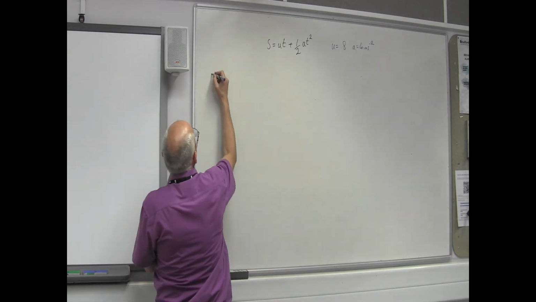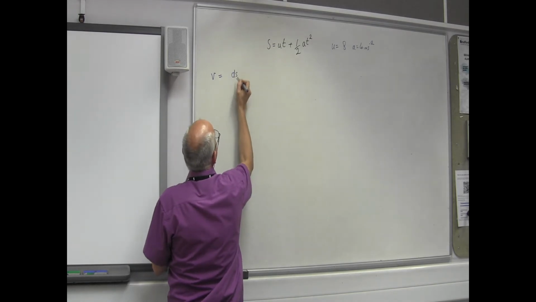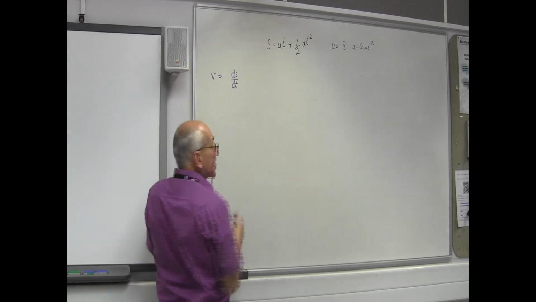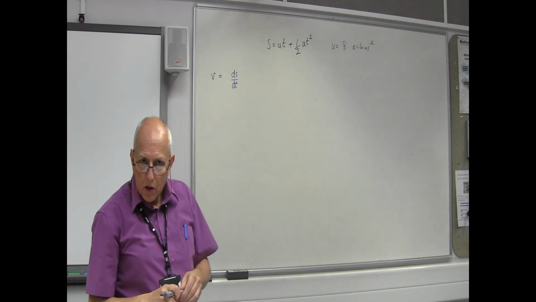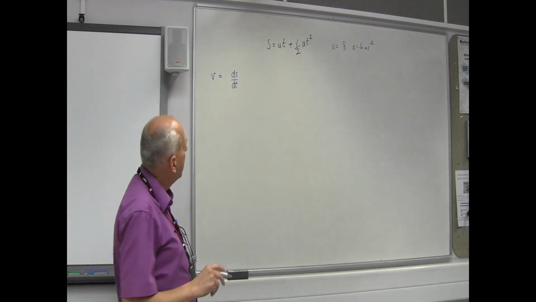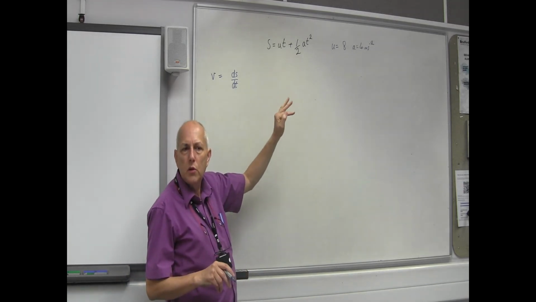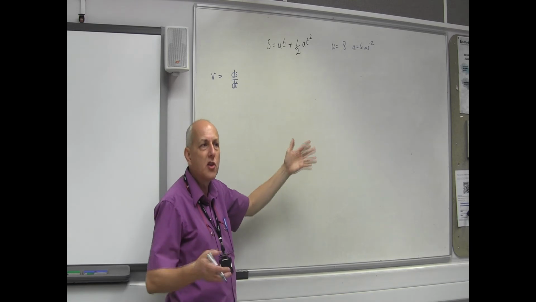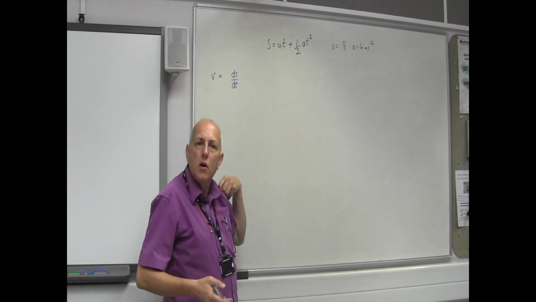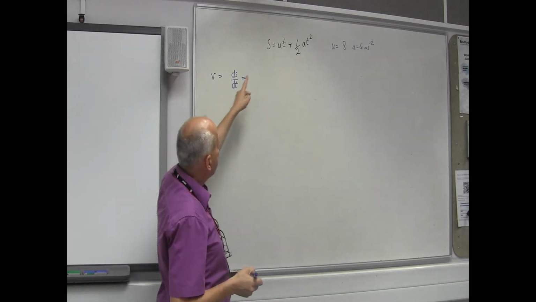So velocity is equal to the displacement S against time. Remember I said that's one of the reasons for differentiation. It gives you an expression to find the gradient, which will actually tell you what the speed is in 2 seconds, 5 seconds, a million seconds. So what I've got to do is differentiate that.